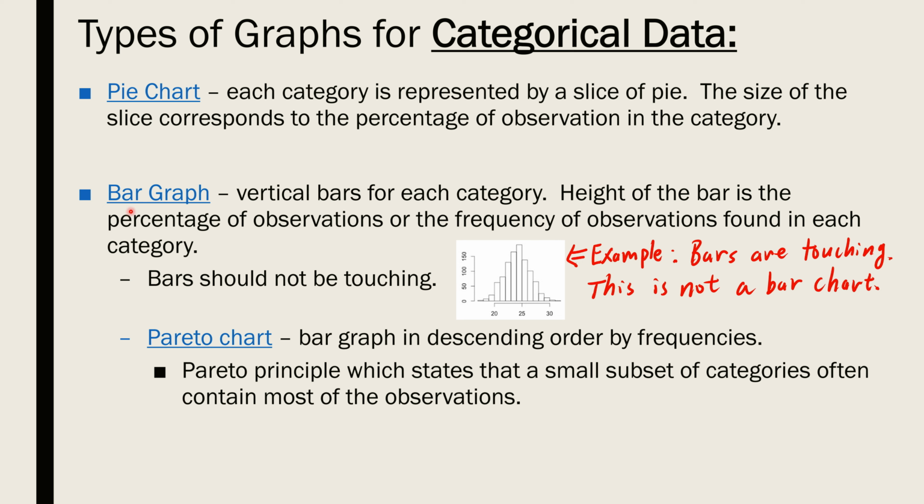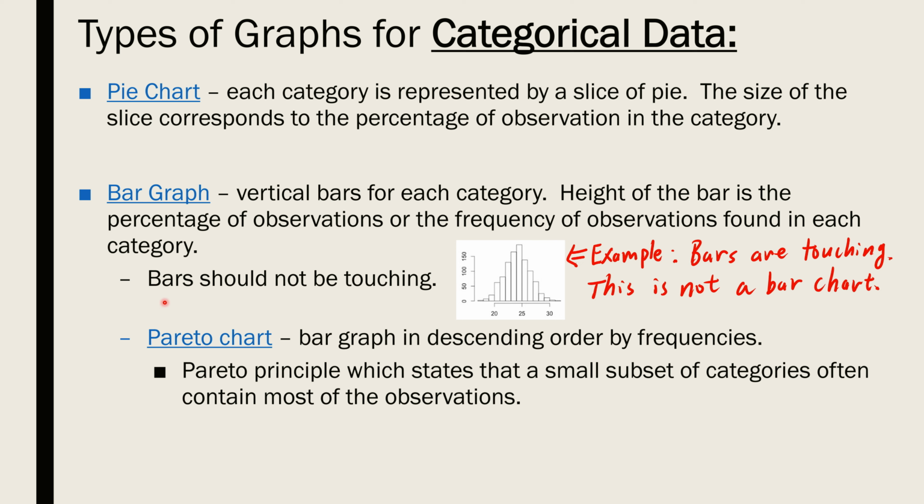Second, bar graph. For bar graph, there are vertical bars for each category. Height of the bar is the percentage of observations or the frequency of observations found in each category.